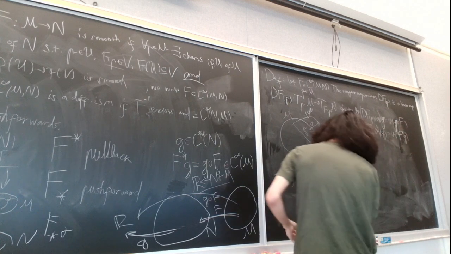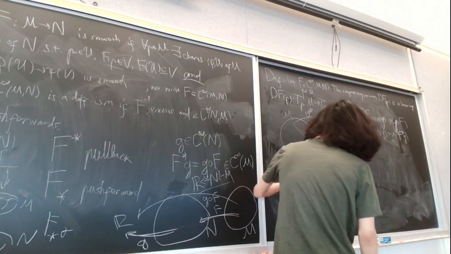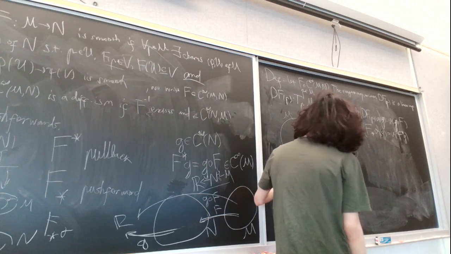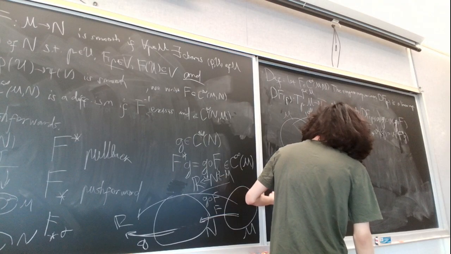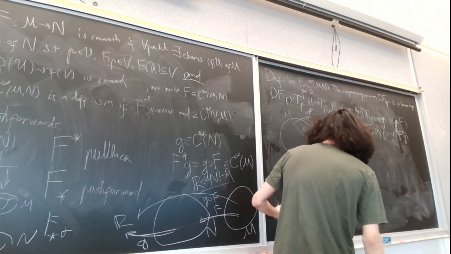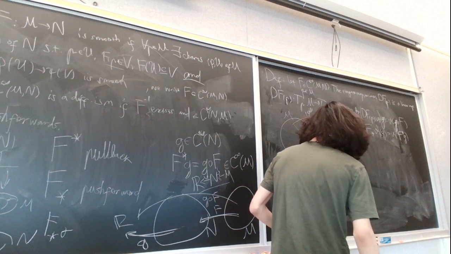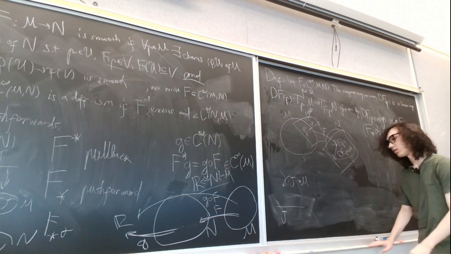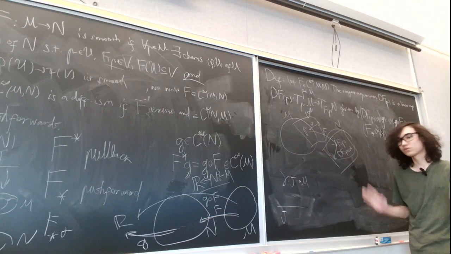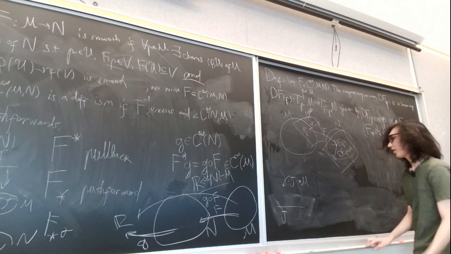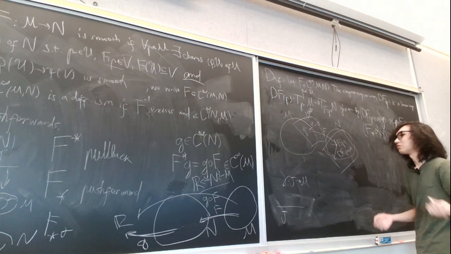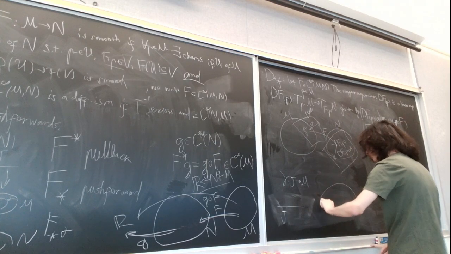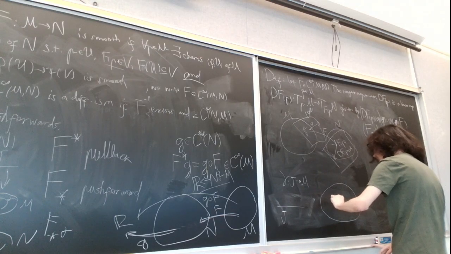We can think of an open subset of Euclidean space as an n-dimensional manifold. In this case, J is an open subset of R, so we can think of it as a very simple manifold where the chart is just the identity, one chart that maps everything to itself, and because it's Euclidean space, it works. And M is, let's say, a donut.